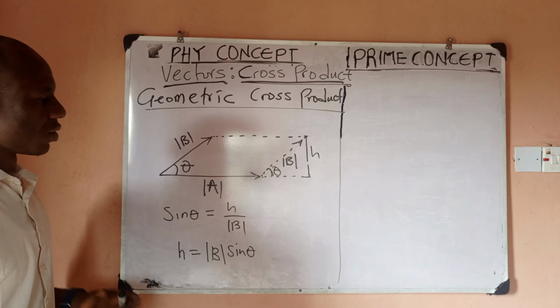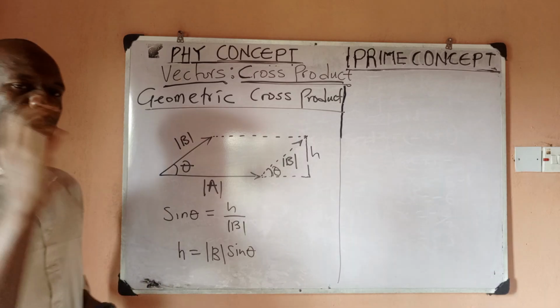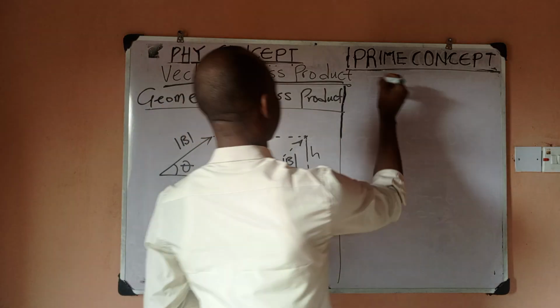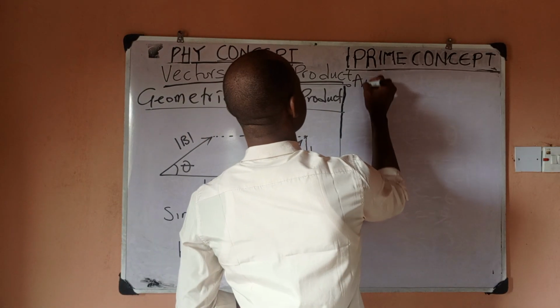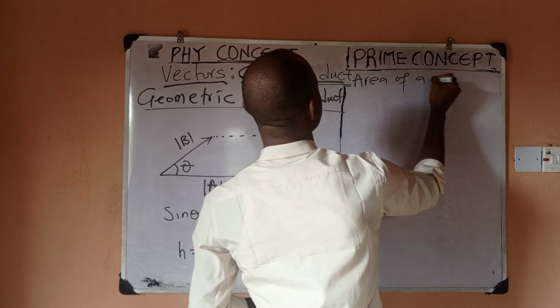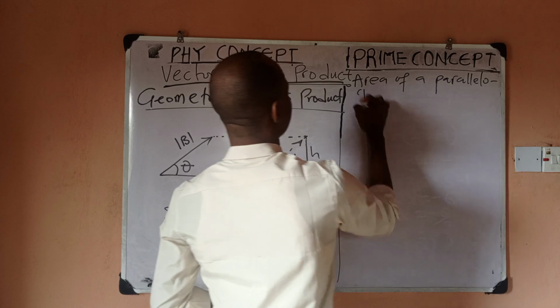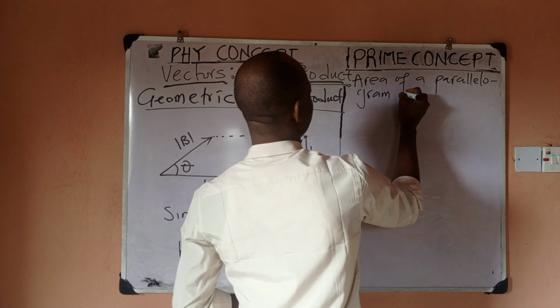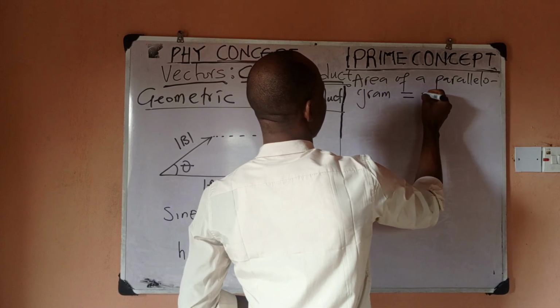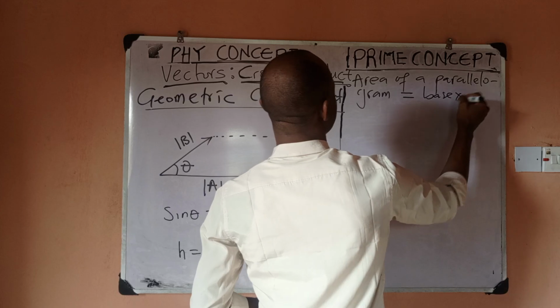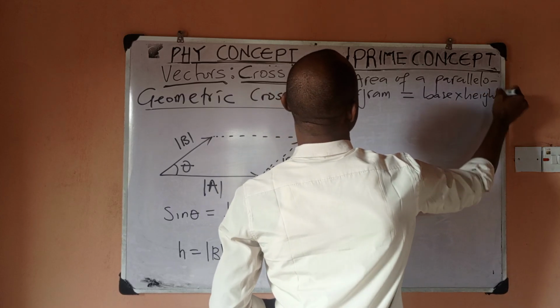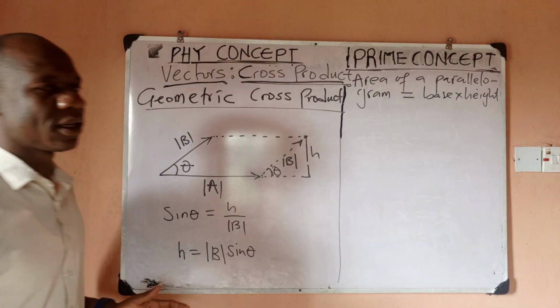This is what I have. So if you want to find the area of a parallelogram, it is equal to base times height. That's the formula for the area of a parallelogram.